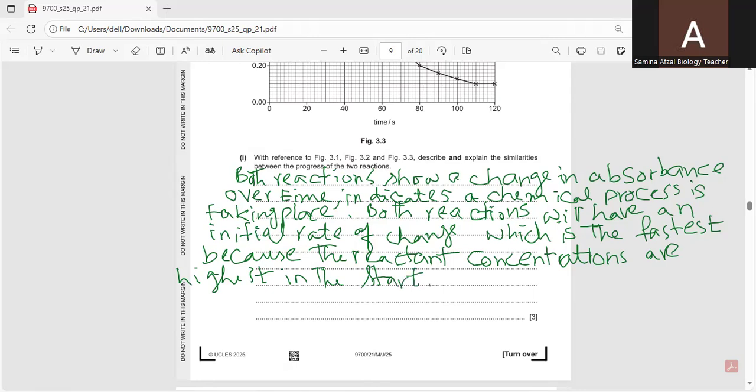Secondly, for both types of reactions, the rate of change slows down as the reaction proceeds.